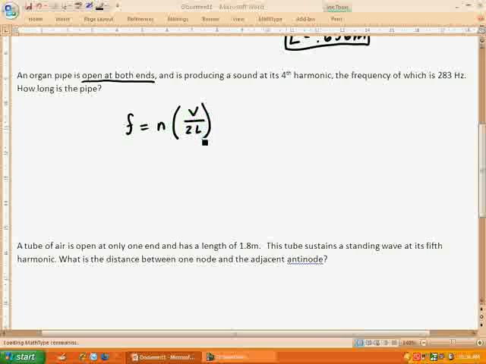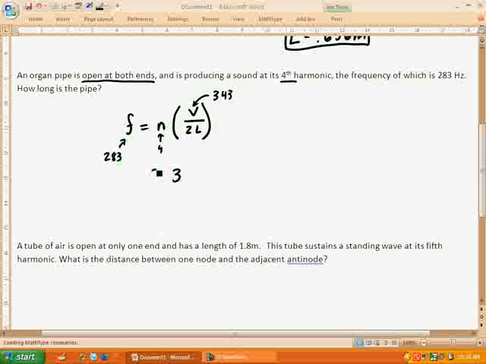Alright, so now we're going to put in the numbers that we have. We know it's the fourth harmonic, so N is going to be 4. We know that the velocity of sound in air is 343, and then it gives me the frequency, which is 283. So this one mathematically is going to work out very similar to the last one that we did.